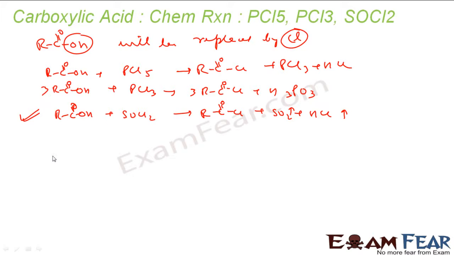Let me discuss the mechanism for this. This is RCOOH and I have SOCl2. Sulfur is an electron hungry compound. So this bond will break, it will get a negative charge and this negative charge will be attracted here, and with this, chlorine will come out.